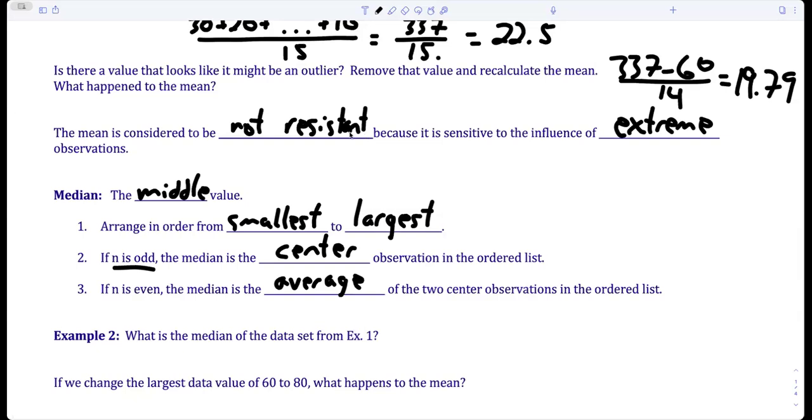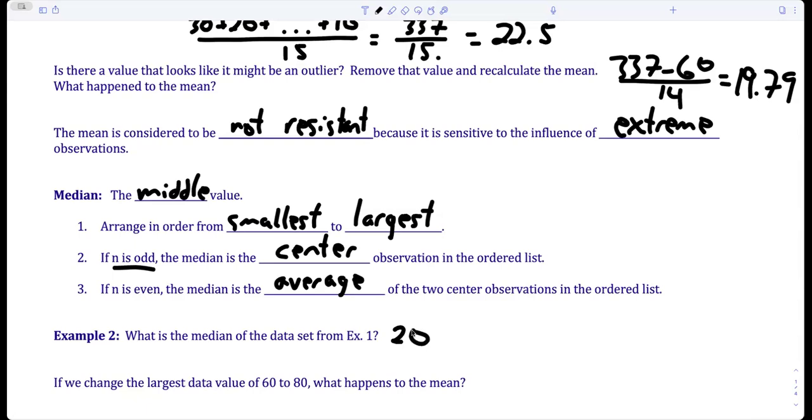So what is the median? Yes, what'd you get? 20? Everybody, we agree with that? So the median of this is 20.